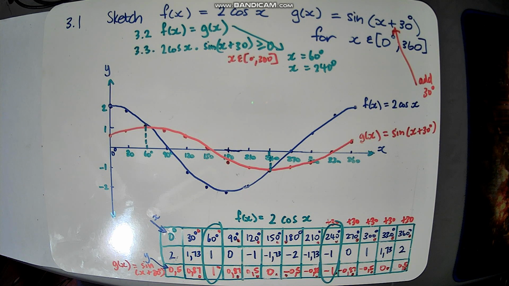Looking at the question 3.3, when it comes like this, it's somewhat confusing. All it is saying is multiply the two graphs, and when multiplying them, you must get an answer that is either 0 or positive. So notice that is the more than sign. The bottom line indicates equal to 0, but the sign on the top, the one I've marked with the red arrow, means more than, which means positive.